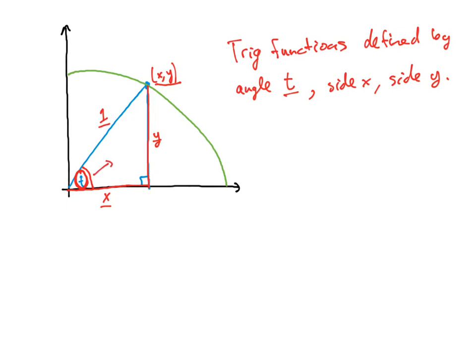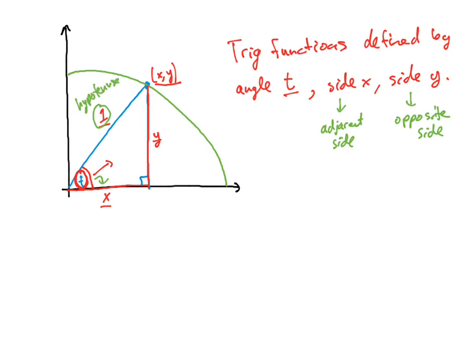Side y is opposite of that angle. Side x is next to that angle, so we say it's the adjacent side. And this side over here, side 1, we already said is the hypotenuse.